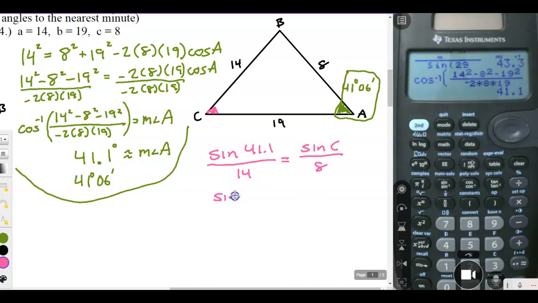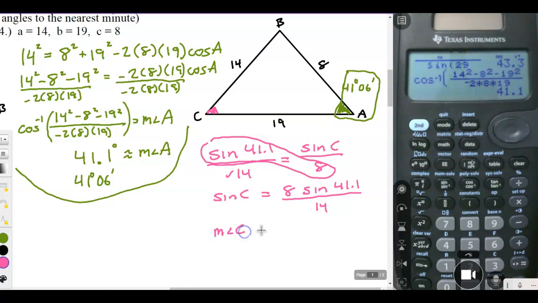And so we have sine of C will equal 8 times the sine of 41.1, the diagonal with no variable, divided by the remaining part, 14. Which means the measure of angle C will equal the arcsine of this whole thing.